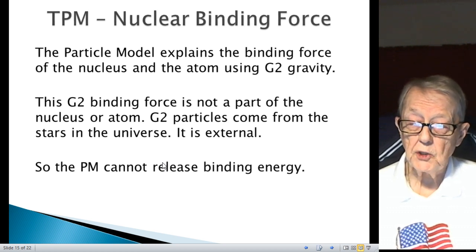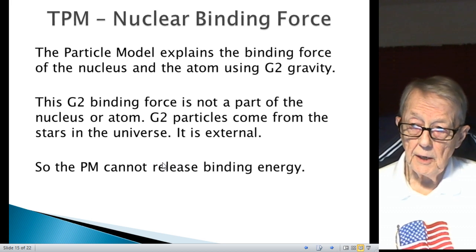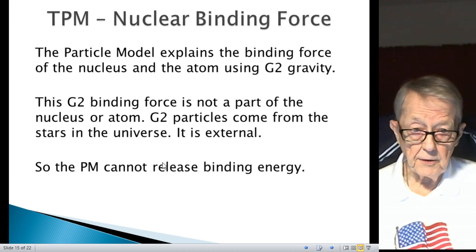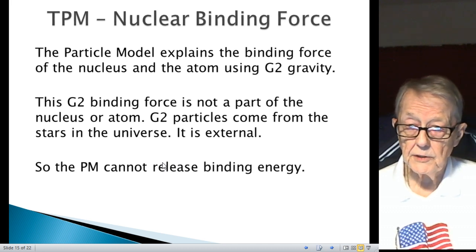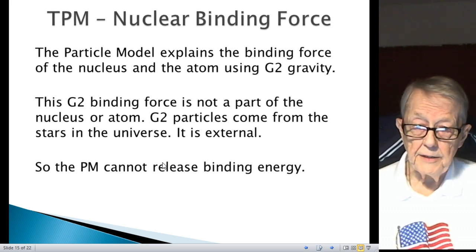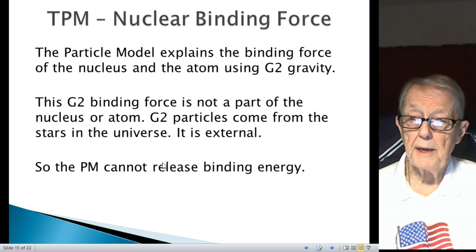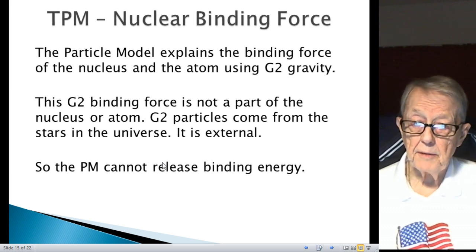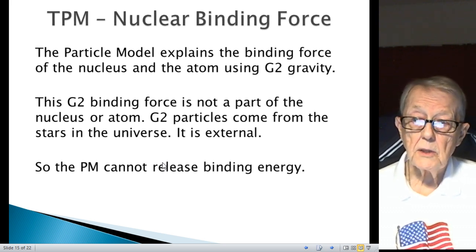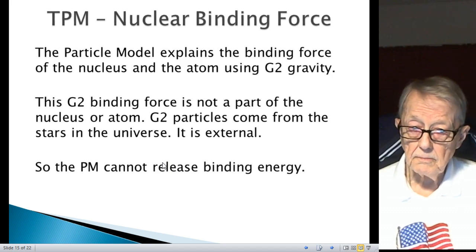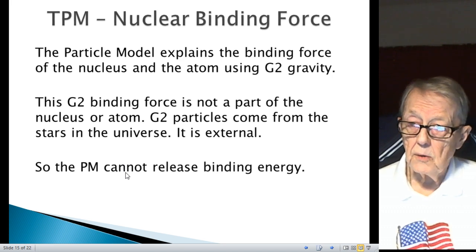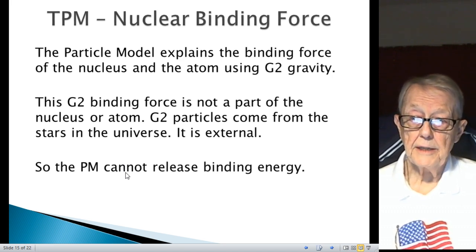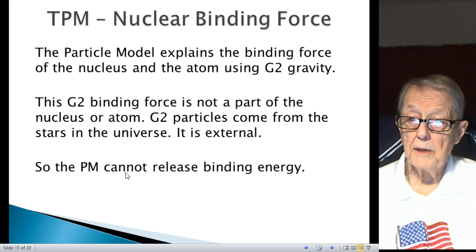It's coming externally towards all these particles that are grouped together, and they're going to hold the nucleus together, they're going to hold the atom together, and if there's nothing in this space where these particles are passing, then nothing is happening. But if there's an atom there, it's holding it together. It's external. So when the particle model has to explain fusion, you cannot release binding energy because it's not there.